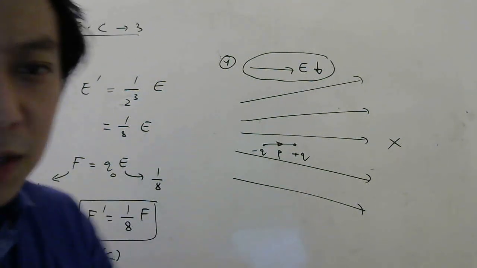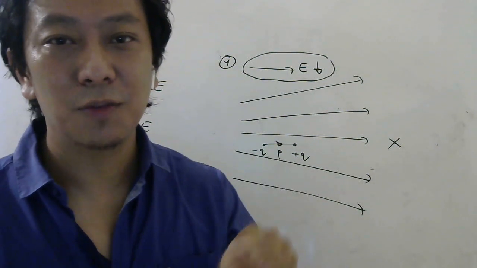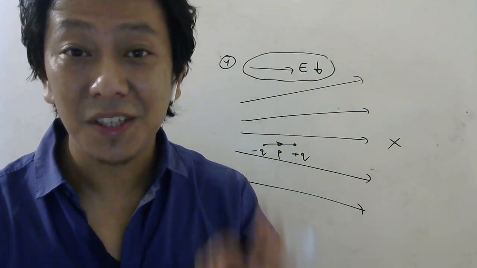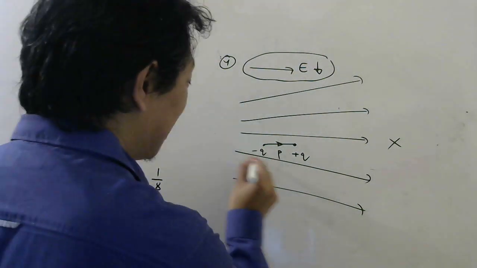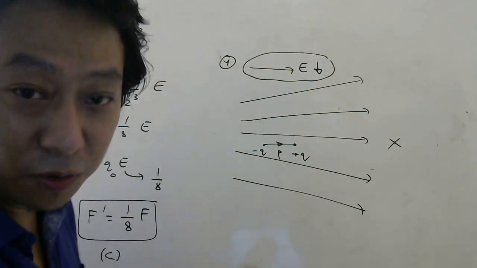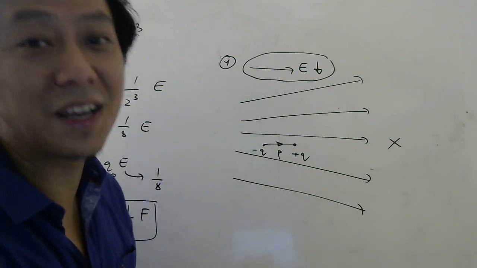Very simple. In a very short way, what I will do, I will just check which charge will feel more force. And to do that, I have to check which charge is in stronger electric field. So this charge is in stronger electric field. So this charge will feel more force. But this is what kind of charge? Negative charge. Negative charge feels force in what direction?